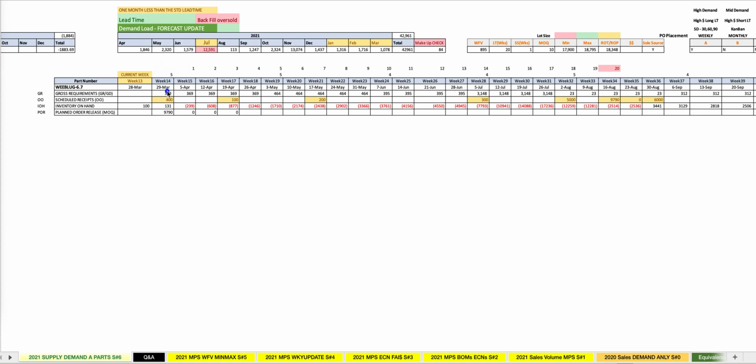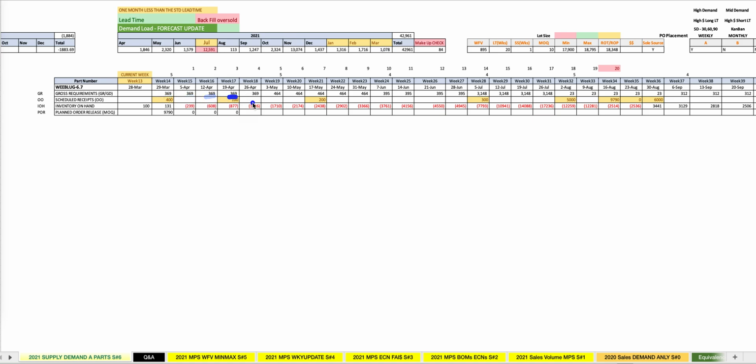In this case, April has some days in week 14. So we define these 5 weeks here as the quantities for April. Basically, 1896 divided by 5 will give us the demand per week.